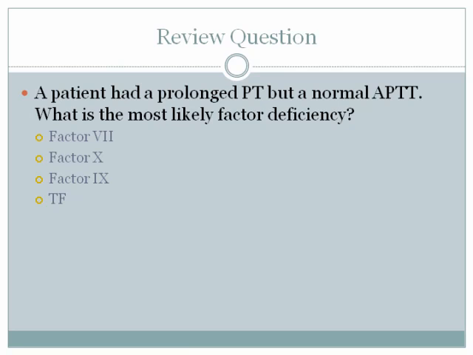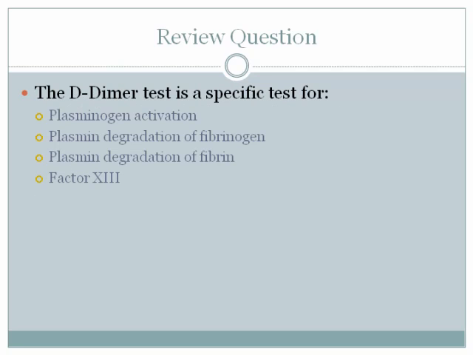Good, it's factor 7 because that's the only one found in ProTime that's not in APTT. Awesome. All right, the D-dimer test is a specific test for which?